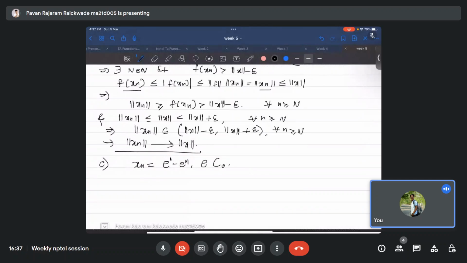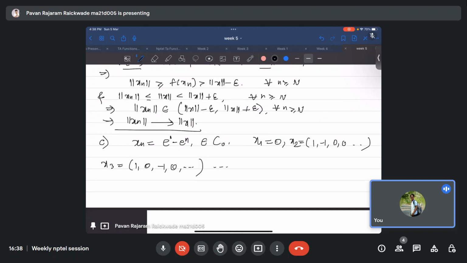So what are these xn's? x1 will be 0, the zero sequence. x2 will be 1, minus 1, 0, 0, 0. x3 will be 1, 0, minus 1, 0, 0, 0. Like this. These are the xn's.